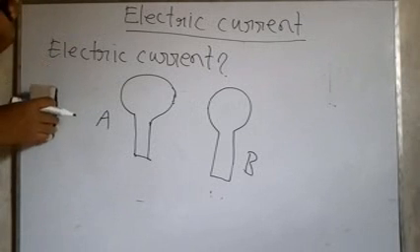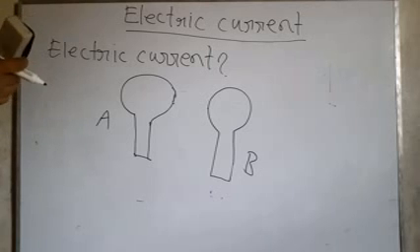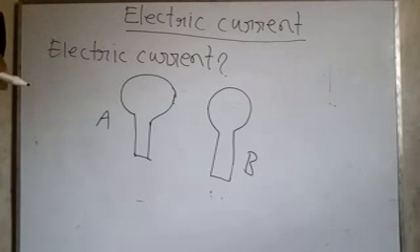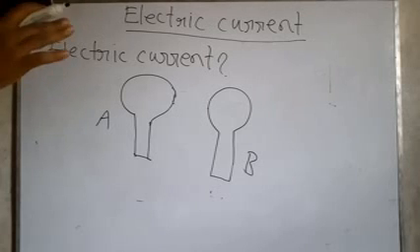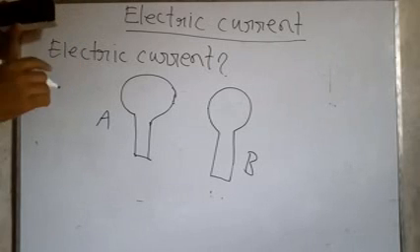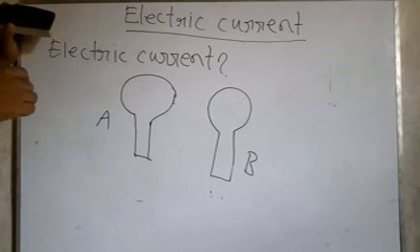When the battery is connected between two bodies, then a continuous flow of current will be obtained, because the external battery will act as a source of electric current, and this battery will maintain a potential difference.